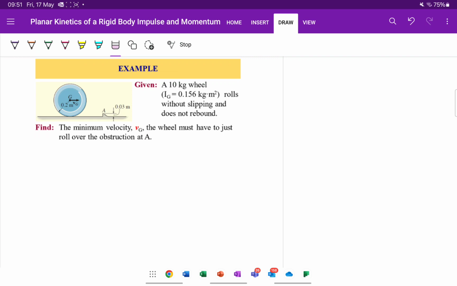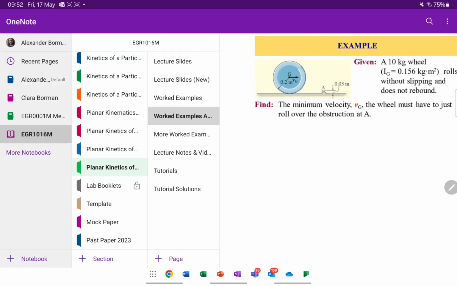Doesn't rebound when it hits the little step at A. And we want to know the minimum velocity Vg that the wheel has to have to roll over A and then come to rest, because that's what it needs. If it's just got the minimum velocity, it's going to roll up onto A and stop. So this is capturing the principle of conservation of momentum.